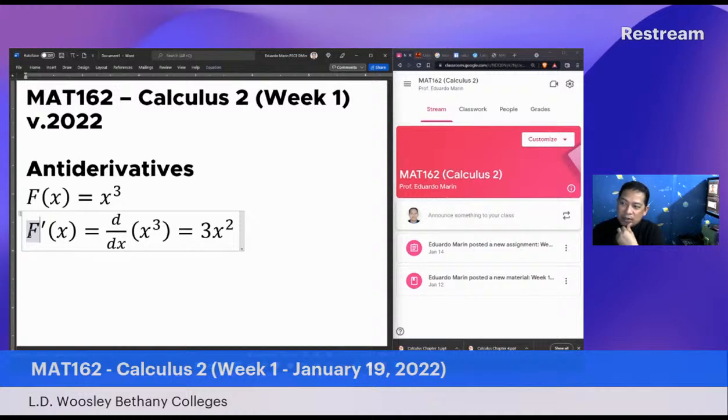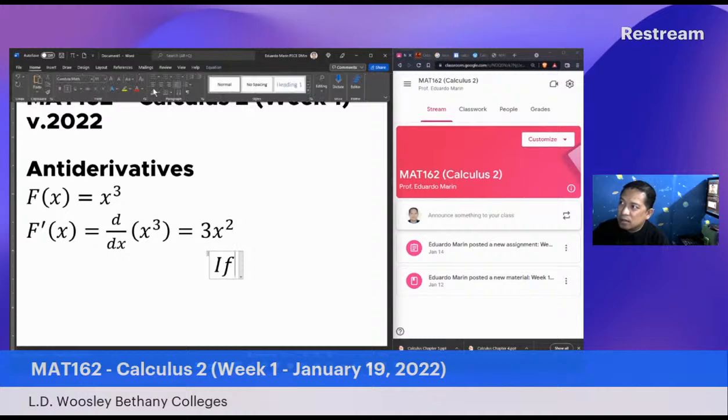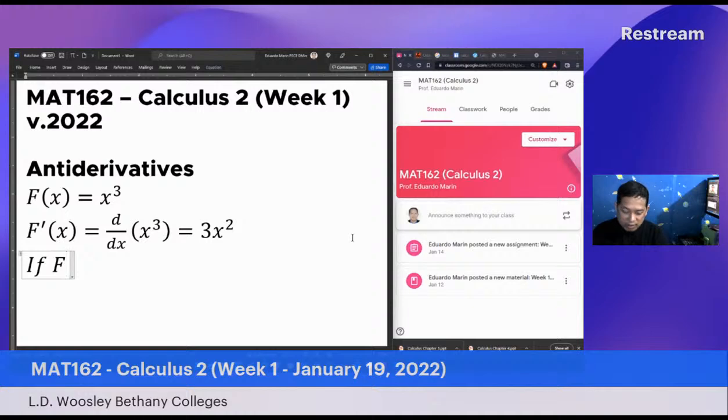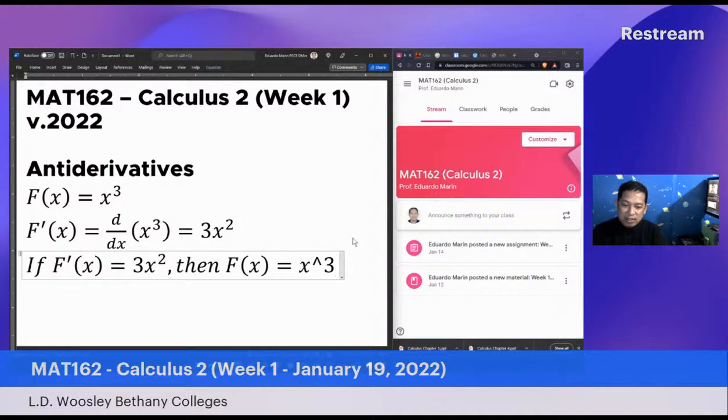It could be the other way around, no? Based on this analogy, if F prime is equal to 3x squared, then it follows that your F of x is equal to x cubed. And the only way to reverse this process is what we call antiderivative, or sometimes we call it integration.